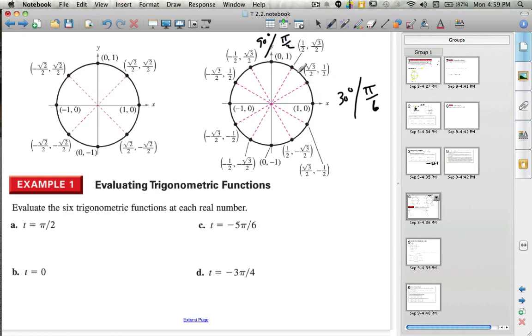So these are all the multiples of 30 degrees: 30, 60, 90, 120, 150, 180, 210, 240, 270, 300, 330, and 360. They're all here. Whereas these are multiples of 45 degrees, or pi over 4, if we're talking about radians.